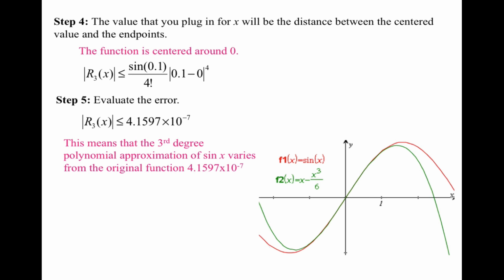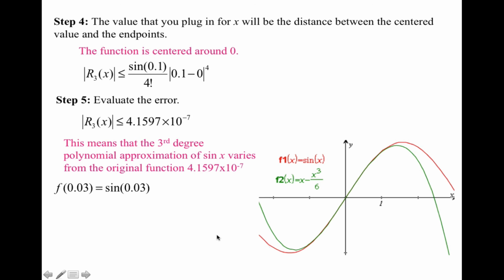So when I look at this graphically, my red curve is my sine value, and my green curve is the third degree Maclaurin polynomial. And since I'm looking at 0, this error is super small. And as you can see graphically, it's pretty much the curves are on top of each other.